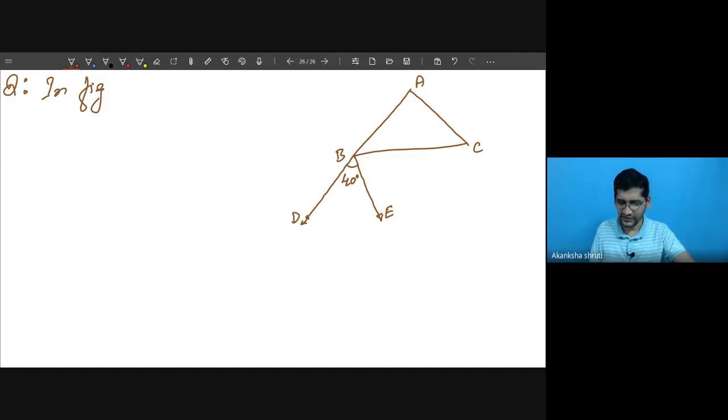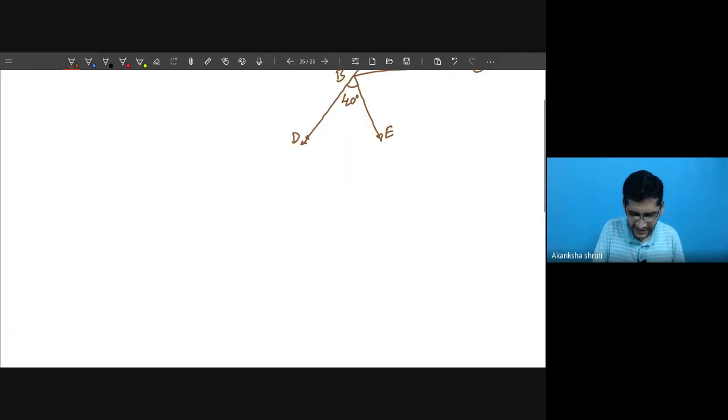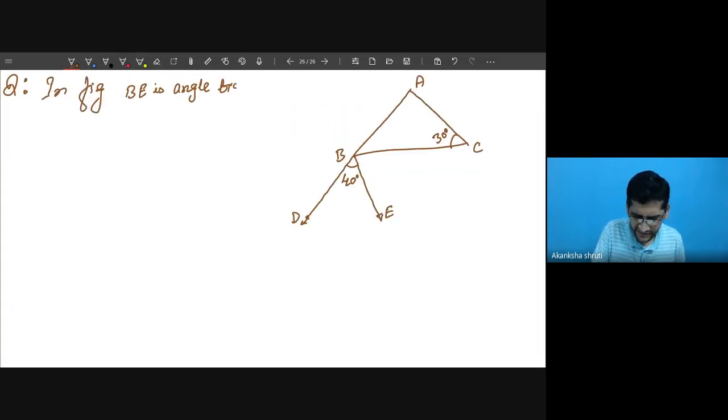Okay, students. And this angle is given as another, this angle is our 30 degrees. So in the figure, BE is the angle bisector for exterior angle B. Are you getting?